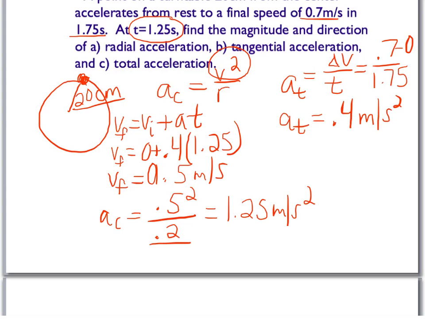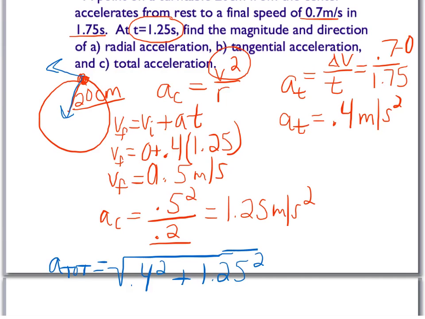And finally, if we want to find that total acceleration, we now recognize that acceleration has both the tangential component and the radial component, and we can combine those two in a Pythagorean theorem. So our total acceleration is going to be equal to the square root of our tangential piece, 0.4 squared, plus the radial piece, or the centripetal piece, of 1.25 squared.